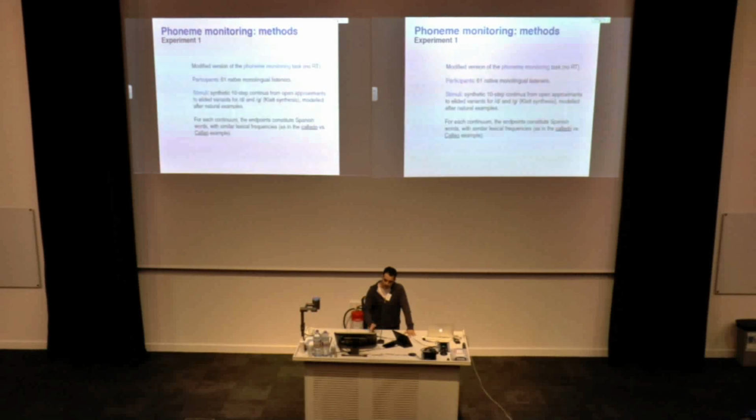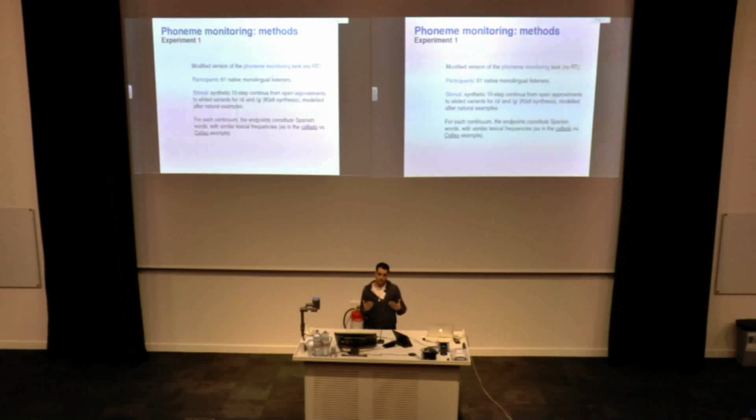And then we created synthetic 10-step continua from open approximants to elided variants. So from full presence of the approximant to elision or absence, deletion. And we did that for D and for G. We used Klatt synthesis, and then we modeled these synthetic steps from natural examples. So it's a type of Klatt copy synthesis.